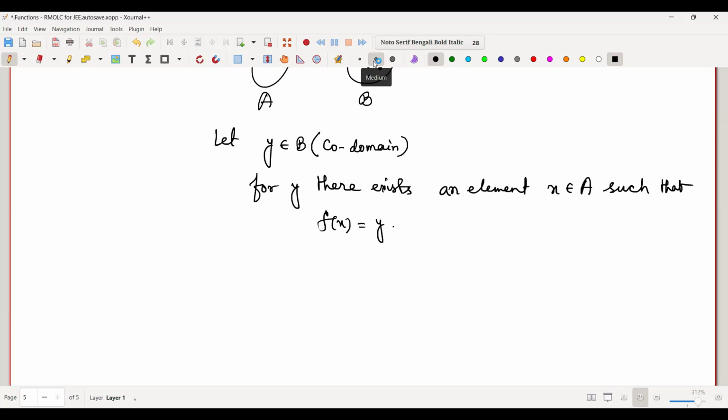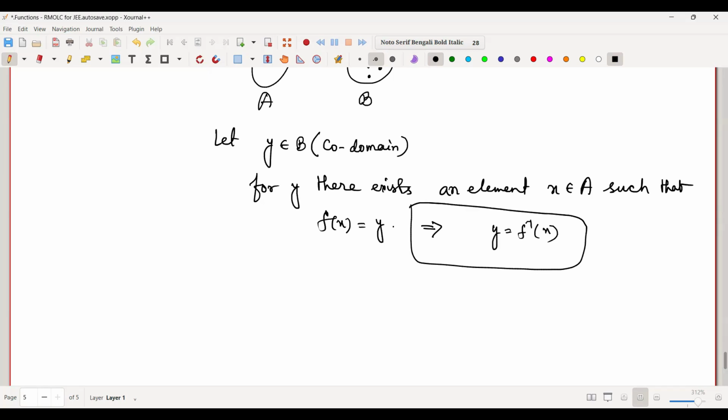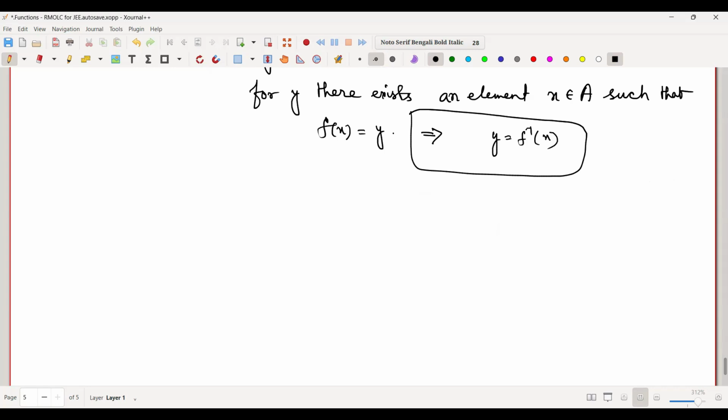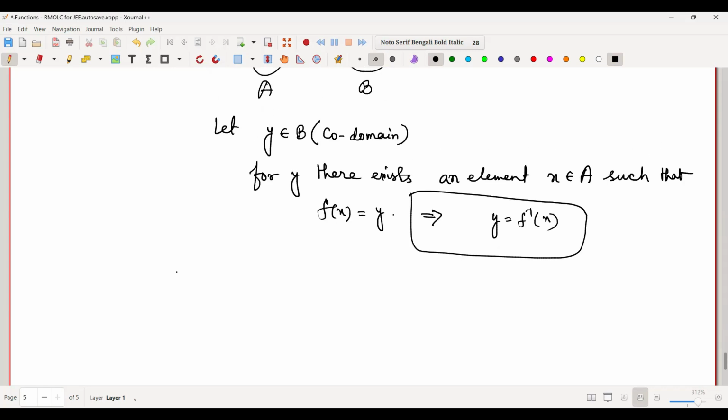So when we learn the inverse function, then we can easily write it as y equal to f inverse x. But now we are taking an example because here we let that for any y from the codomain B, there exists an element x from the set A such that f(x) equal to y.